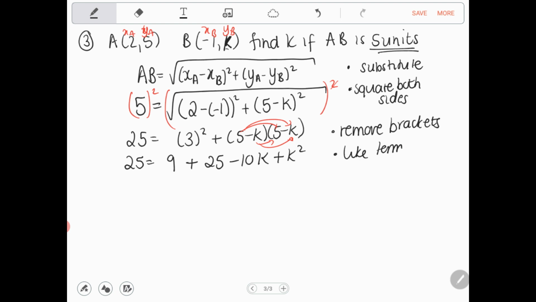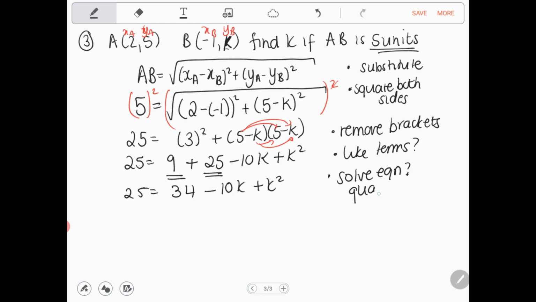Are there any like terms? Yes, there are. We've got a 9 and a 25 on that side. So that gives me 34 minus 10k plus k squared. All right, now we need to solve the equation. What kind of equation is it?